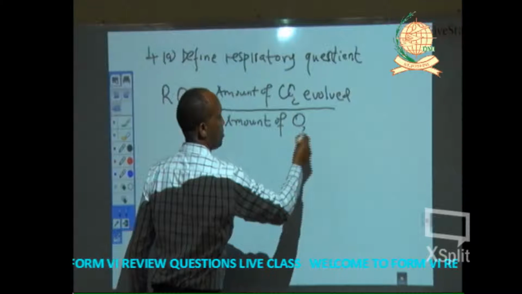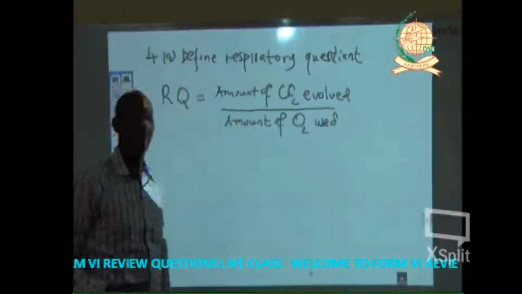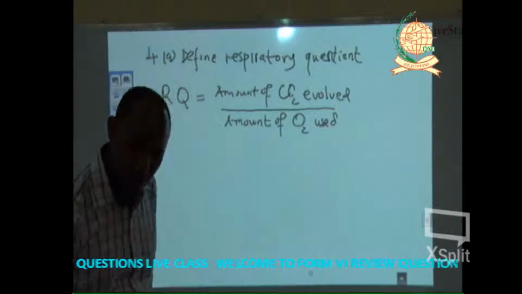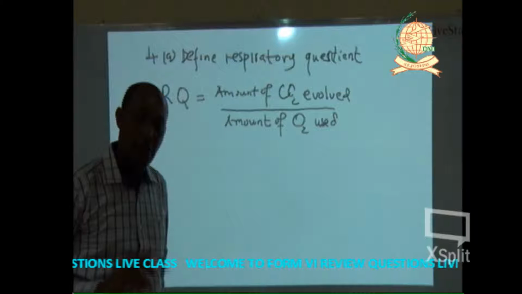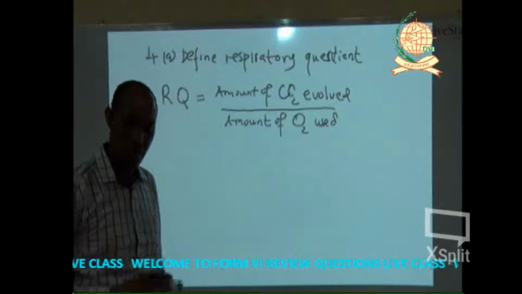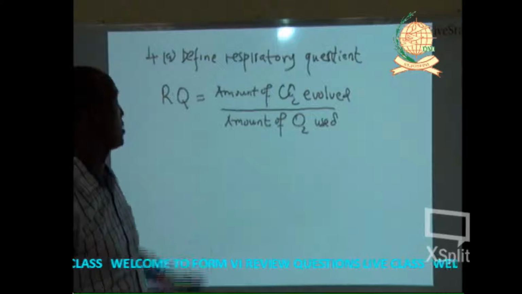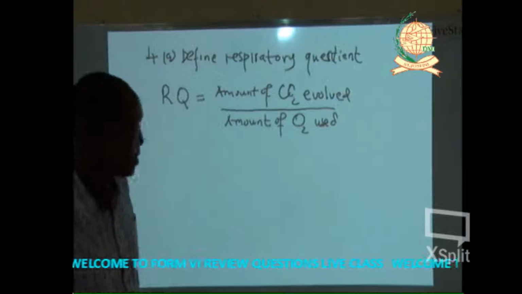So candidates have to define it as the amount of carbon dioxide evolved divided by the amount of oxygen used in respiration. So the summary is as this one. It is 1 mark over here.